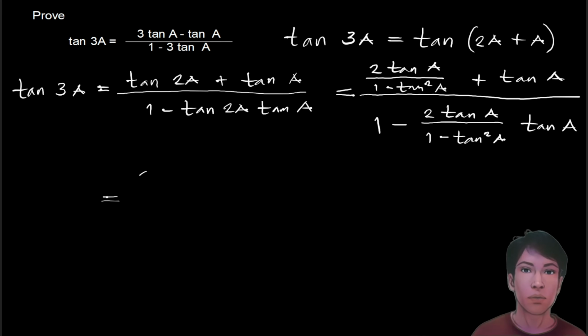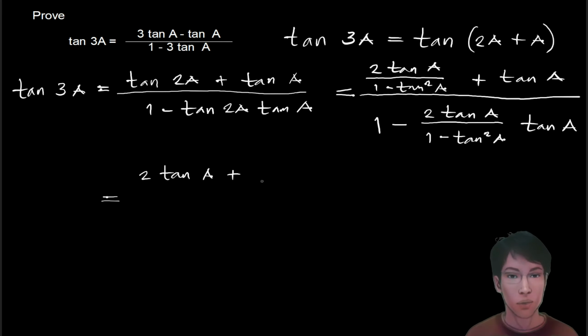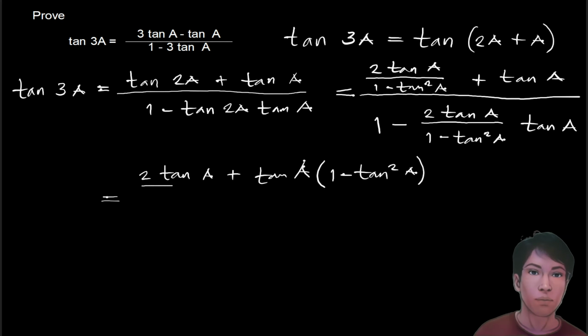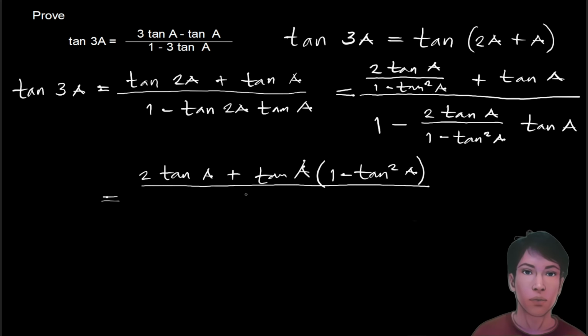So this is 2 tangent a plus tangent a multiplied by 1 minus tangent square a over 1 minus tangent square a.